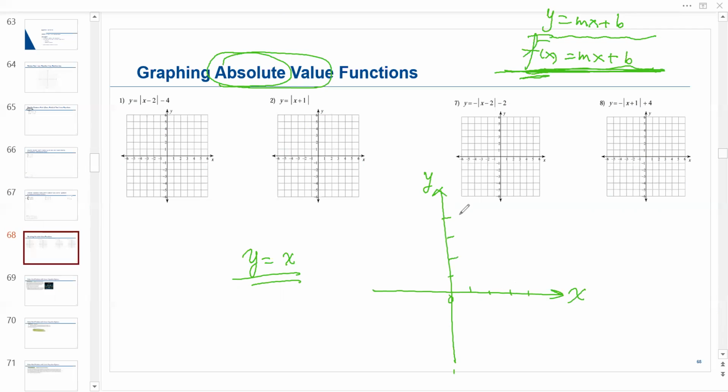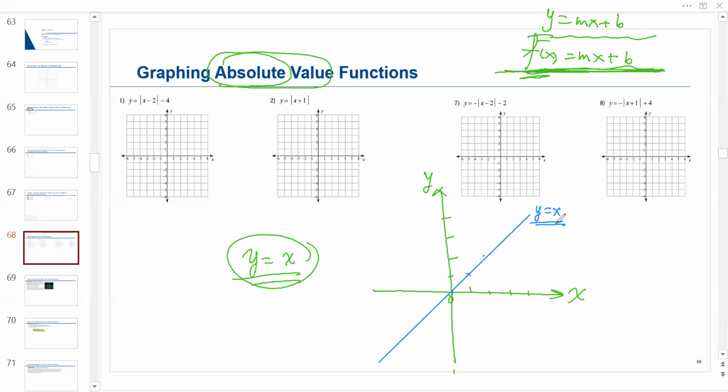When you graph this one, you can quickly see it passes (0, 0), it passes (1, 1), it passes (2, 2). So you can graph this one quickly, like this. This one is y = x. No problem, everyone can do this one, right?